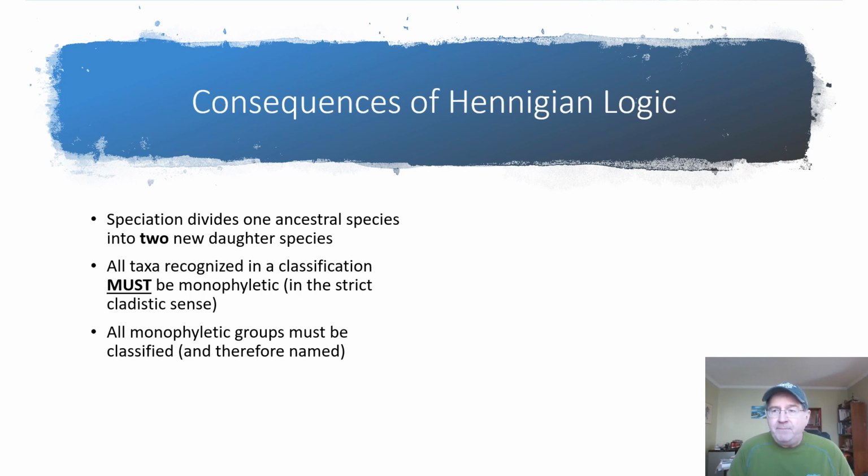Similarly, the mandate that speciation occurs dichotomously is obviously not true. This is simply a more clean, logical way to approach the question of inferring common ancestry. But in the real world, it's going to be messier.